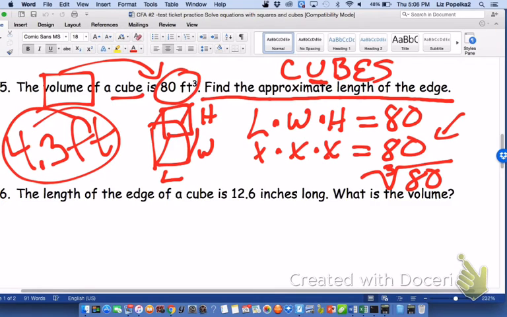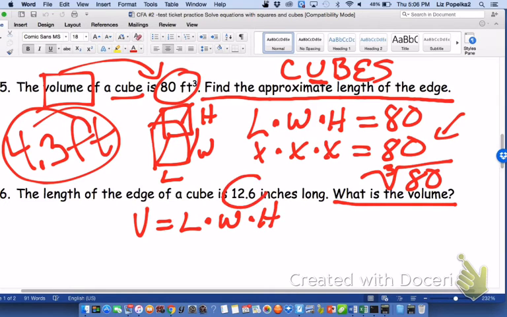For number 6, it is asking what is the volume. So I'm going to write here that my volume is length times width times height, because that's what I'm trying to figure out. I see in my question that my cube, the edge, is 12.6 inches long. Because it's a cube, that means the length, width, and height are all 12.6 inches.